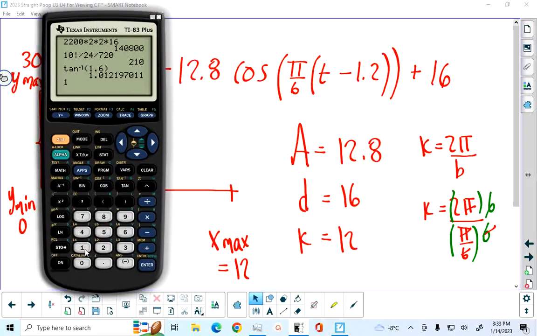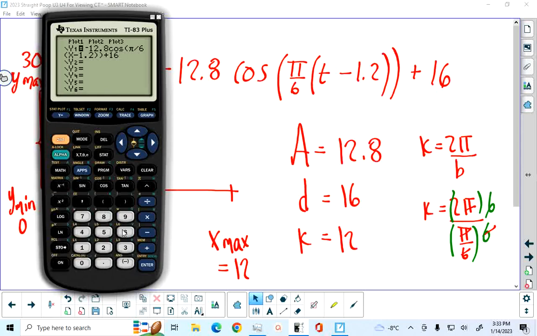Y is equal to negative 12.8 cosine, and then I have pi divided by 6, and then I'm multiplying pi divided by 6 by x minus 1.2. I'm closing the brackets twice, and I'm adding 16. And my advice has always been to students, before you get out of a screen where you can no longer see what you've typed, just double check to make sure it's right. And I think it's right.